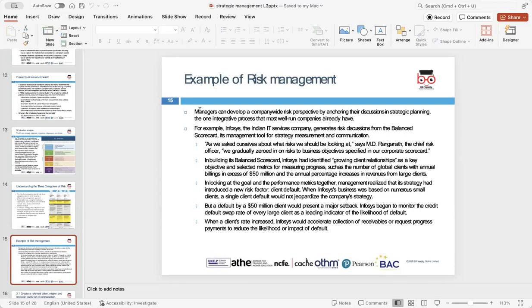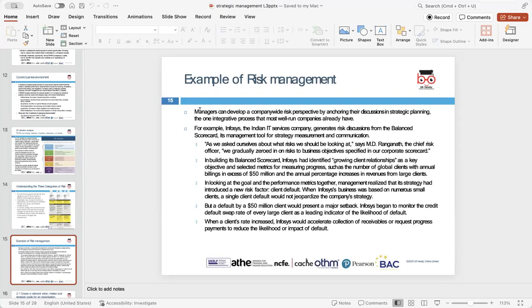Previously, when the company relied on smaller clients, a single default posed minimal risk. But as the company expanded to large clients, the risk increased. To manage this, Infosys monitored the credit default swap rates of its largest clients to identify potential issues early.